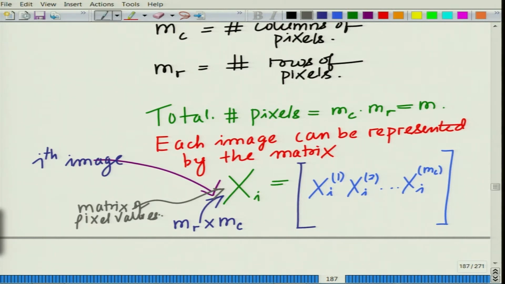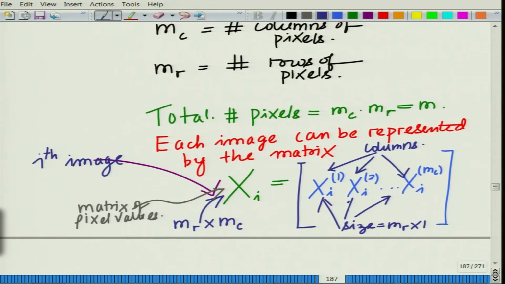These are the columns of pixel values, there are MC columns, and the size of each column is MR cross 1.